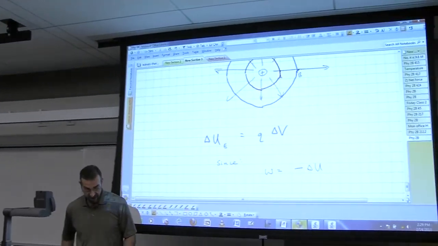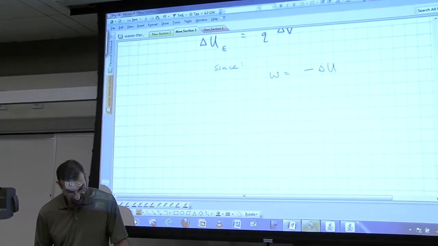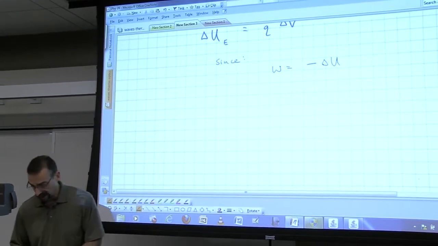We map the equipotential lines, right? So what we've got, they've drawn them in, and they're calling them equipotential lines.